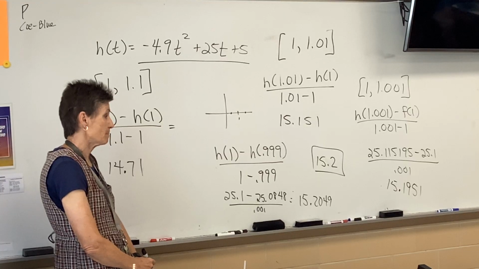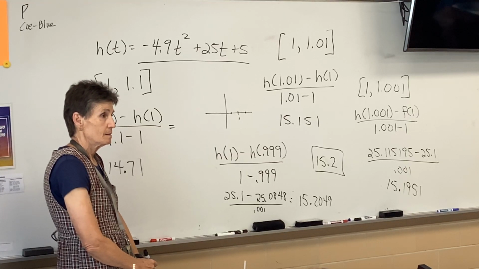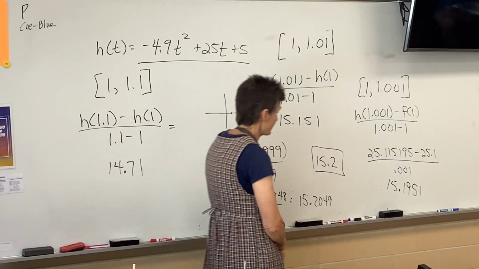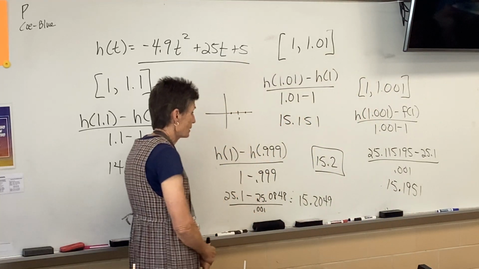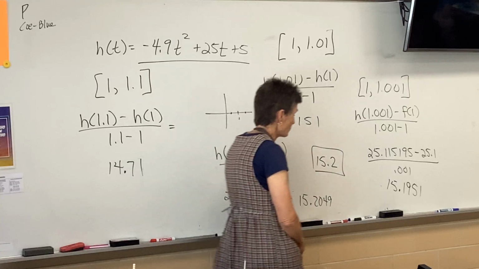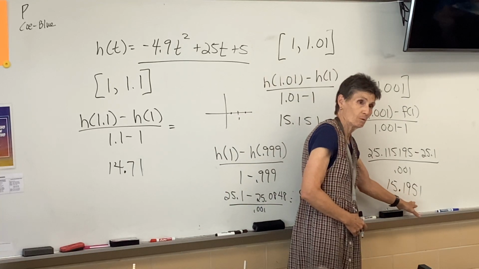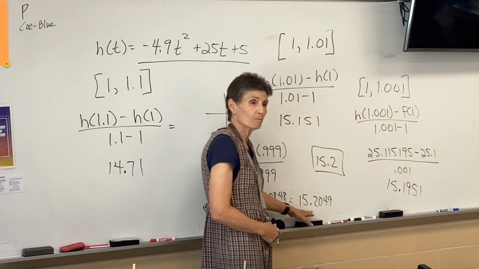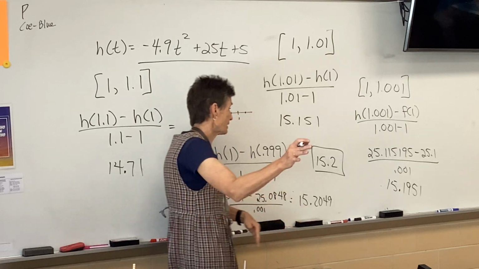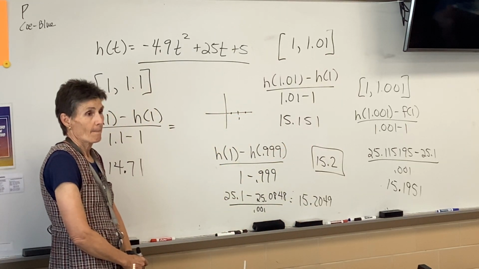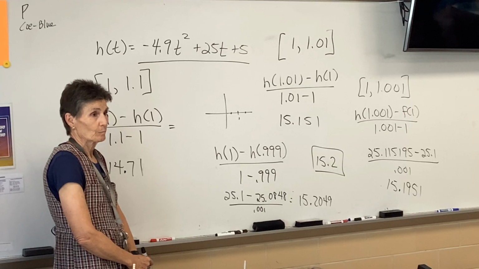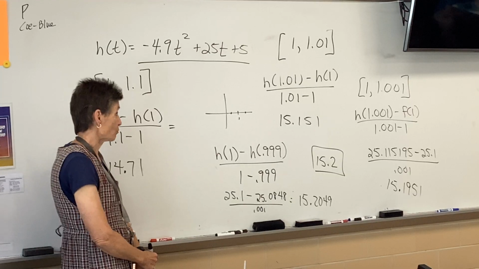That makes sense to me. This one is a bit lower than 15.2. Actually, this one is 0.049 lower, and this one is 0.049 bigger. I think that's a great idea. Did anybody have a different idea? Yeah, I think that's a great idea.